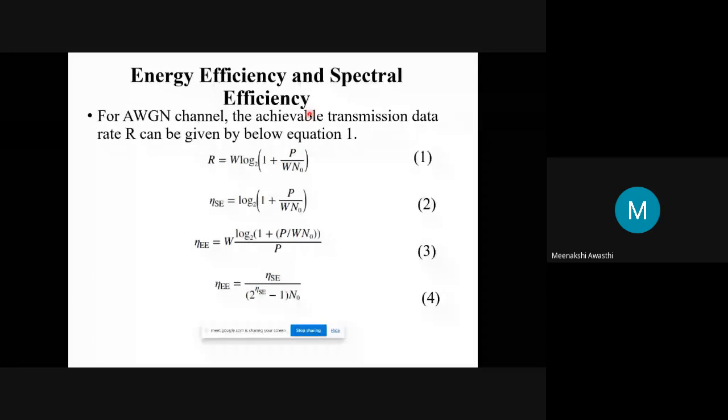Here I have mentioned a few equations by which you can see the relationship between data rate, spectral efficiency and energy efficiency.